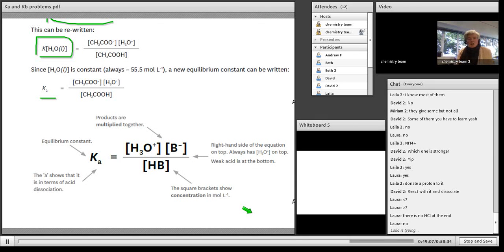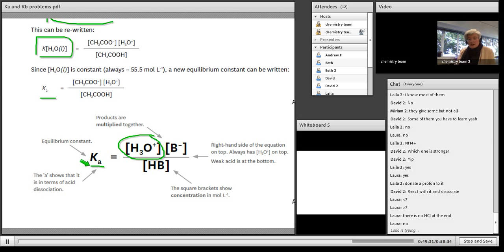One thing you have to note, because we're going to be going on to the Kb just now: Ka always has H3O plus at the top. If you don't have H3O plus at the top in your expression, you have not got a Ka, and you can't substitute a Ka into it.